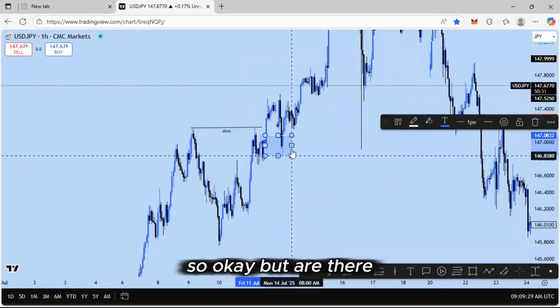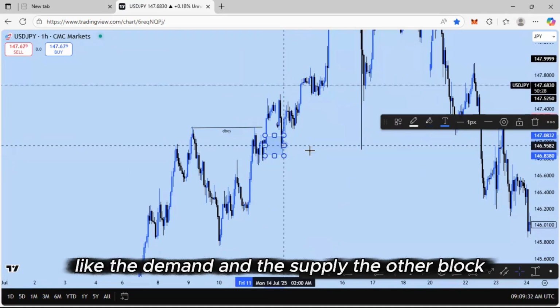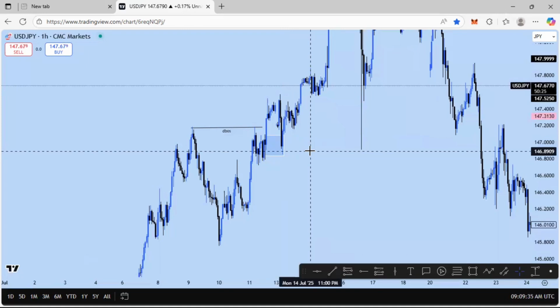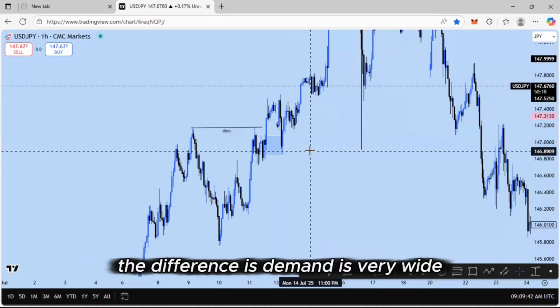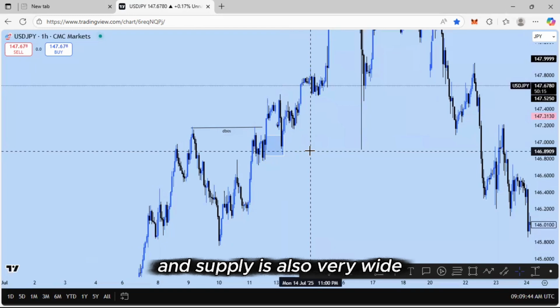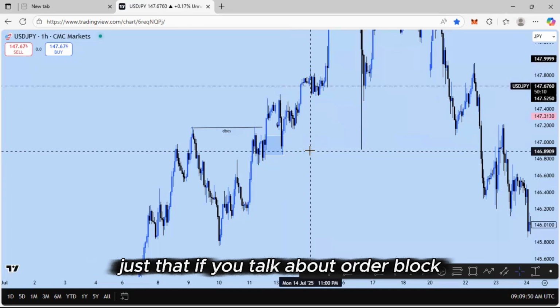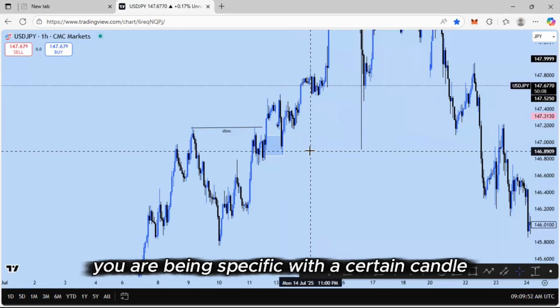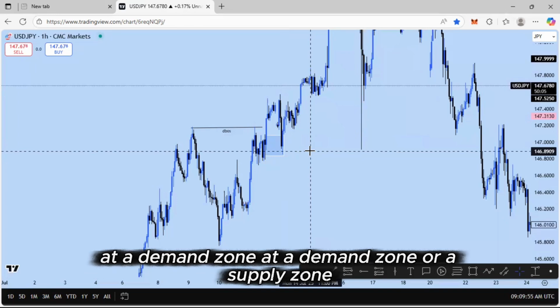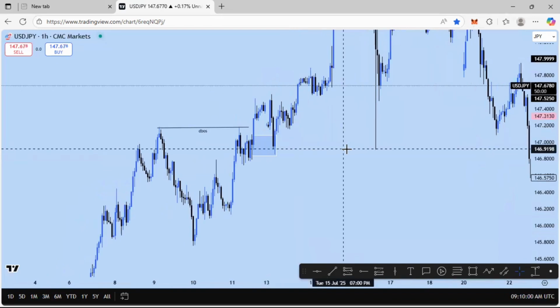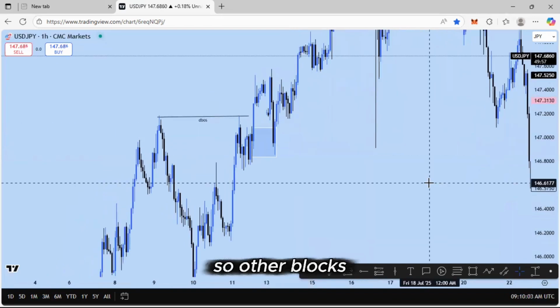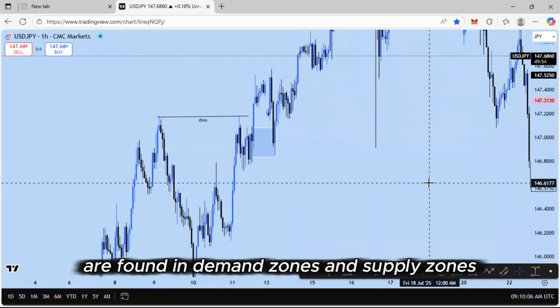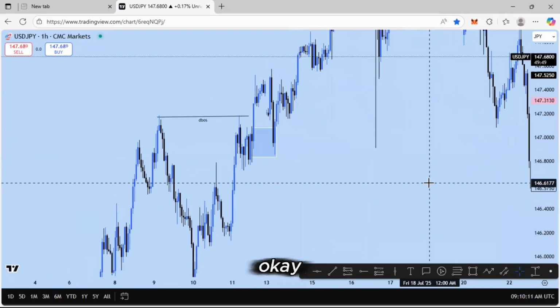Okay, but is there a difference between them, like the demand and the supply, the order block? The difference is demand is very wide and supply is also very wide. It's just a turning point of a zone. Just that if you talk about order block, you are being specific with a certain candle at a demand zone or a supply zone. You get me? So order blocks are found in demand zones and supply zones.